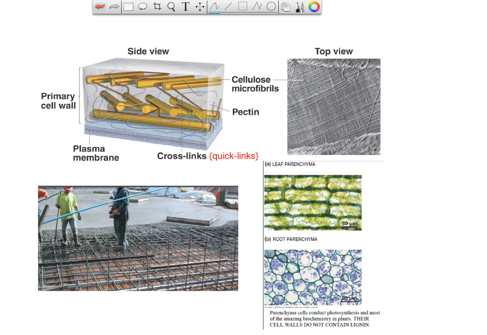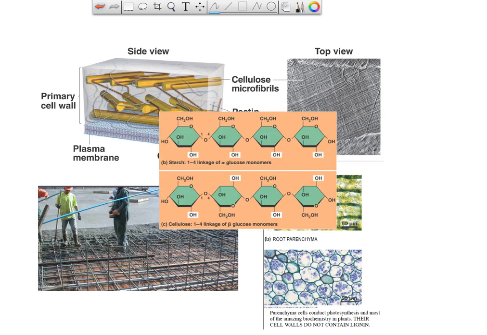And those fibrils are this material called cellulose, which is a series of glucose molecules in a linear form that hydrogen bonds with neighboring cellulose molecules.